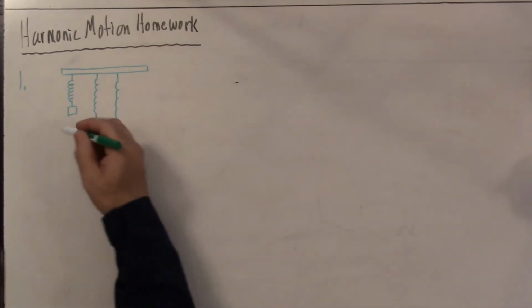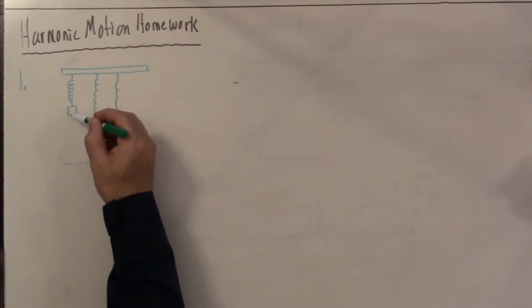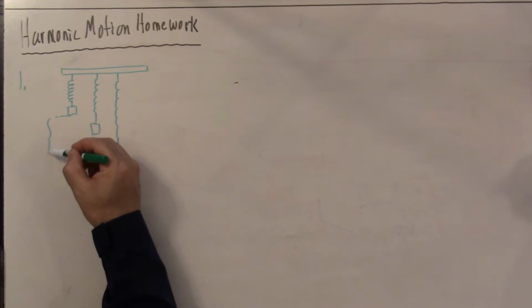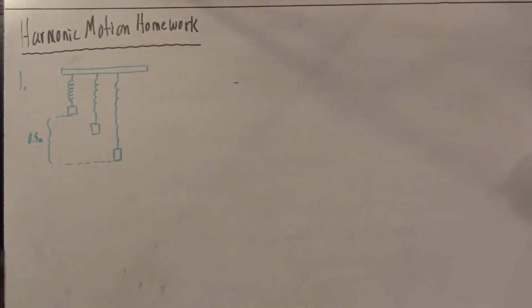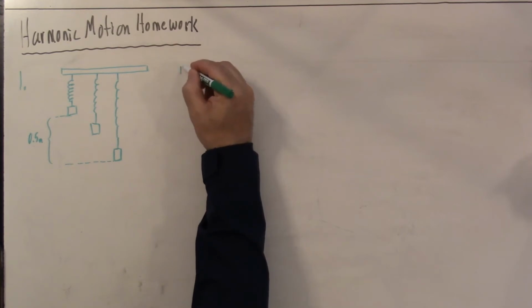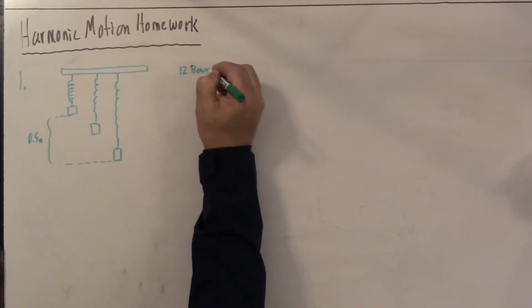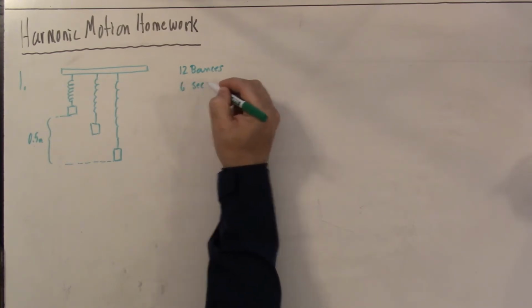And what it tells you is that this distance is 0.5 meters. Okay? So it tells you it bounces up and down, 12 bounces in 6 seconds.